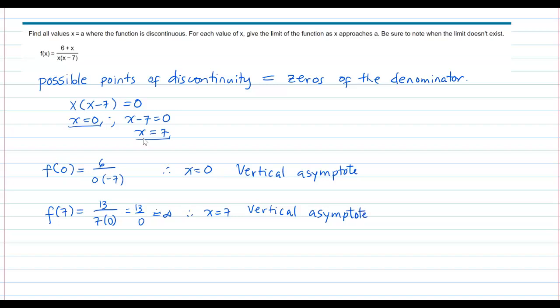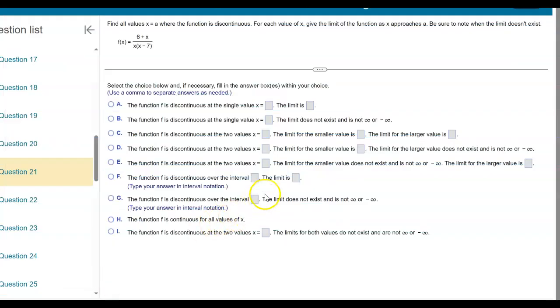Now, if needed, you would have to evaluate the limit. Let's take a look at the choices here. Did it ask you to evaluate for the limit? It says here the function is discontinuous at a single value. Okay, so here at 2 values. So it is discontinuous at 2 values.